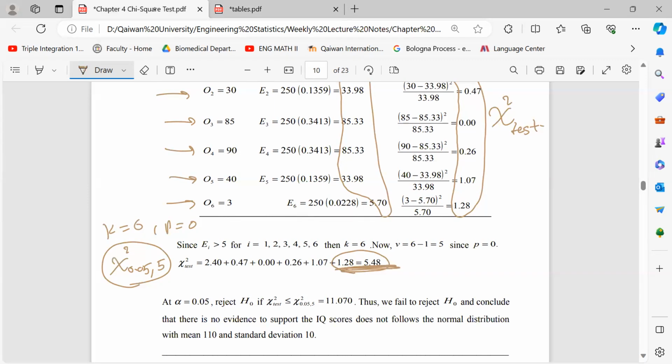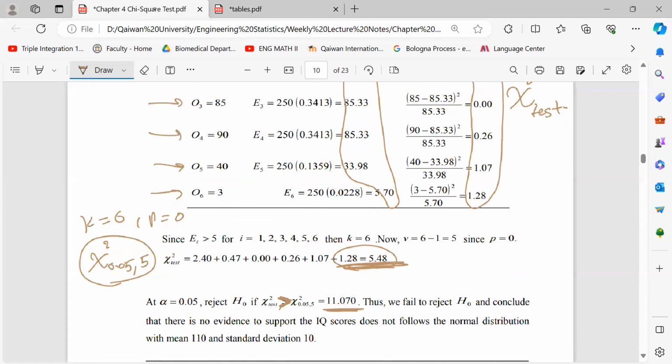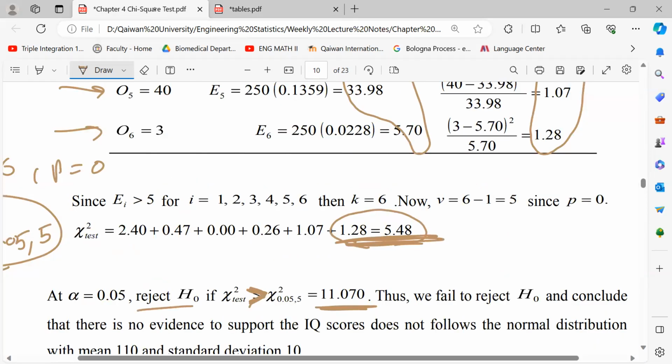We reject H naught if the chi-square test is greater than the chi-square which you get from the table. Is this one greater than that? No. So we cannot reject the hypothesis. So it follows the normal distribution.